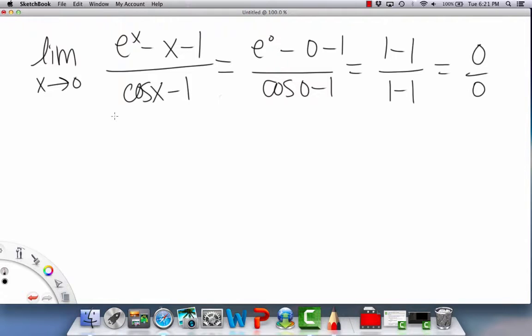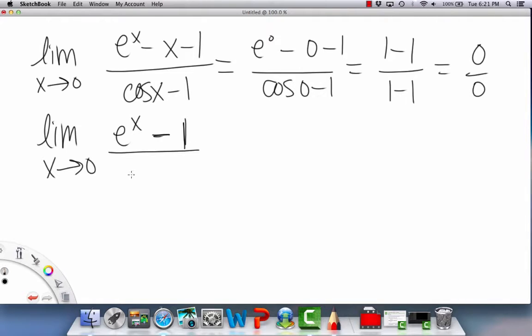So we have to use L'Hopital's, which says we're going to take the derivative of the top and then put it over the derivative of the bottom. So the derivative of the top is going to be e to the x, and that's just itself, right? And then minus, first derivative would be 1 here, and this negative 1 just becomes a 0.